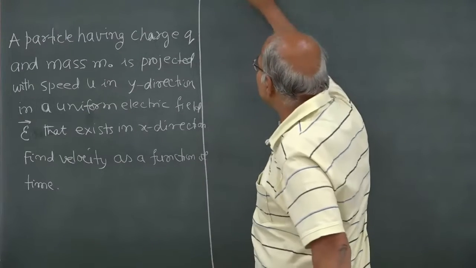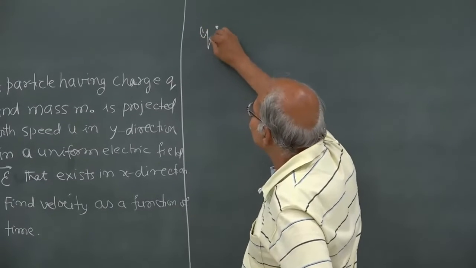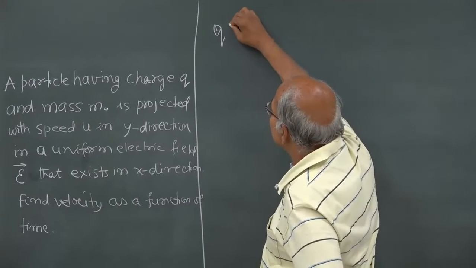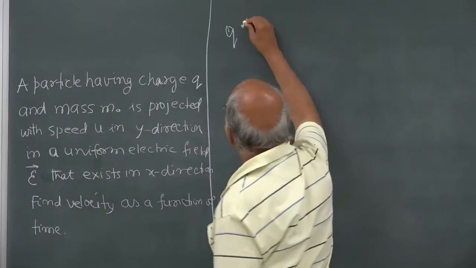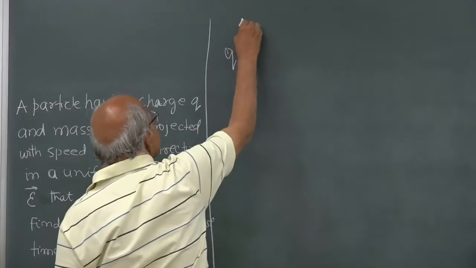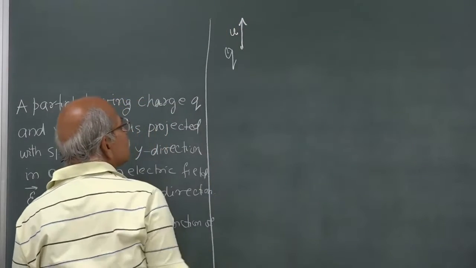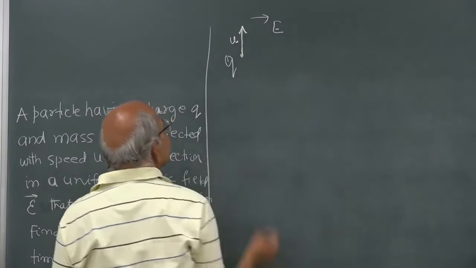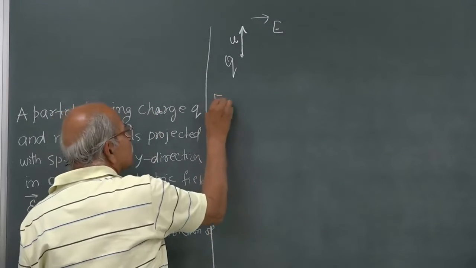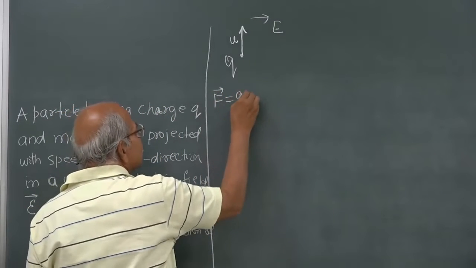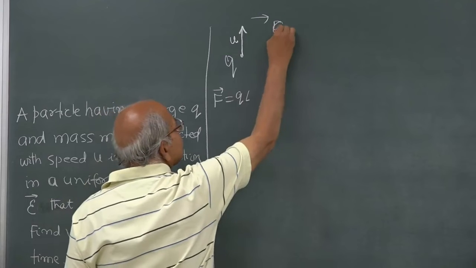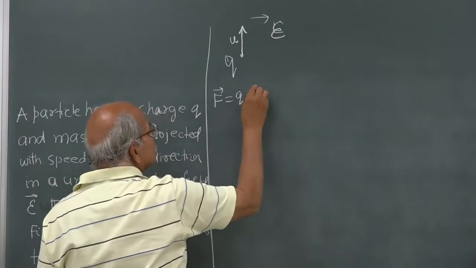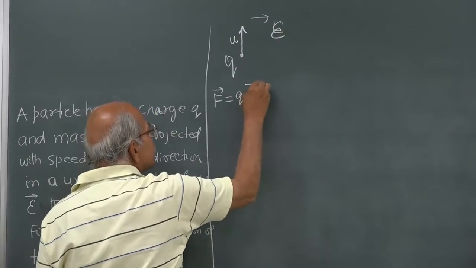So, you have a particle, charge q, which is projected in y direction. So, the initial velocity is this initial velocity, and in this whole region you have an electric field E. So, force on the particle is q times E. I have written this E, and there is a reason behind this.